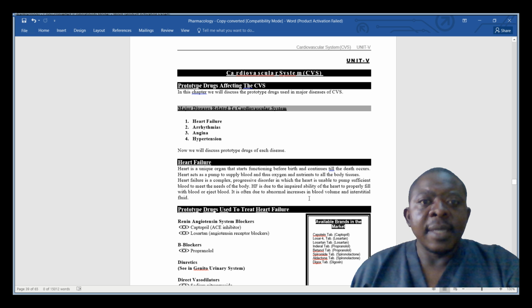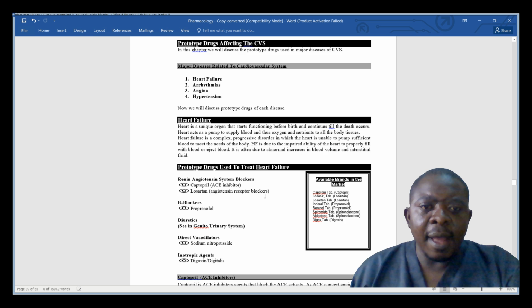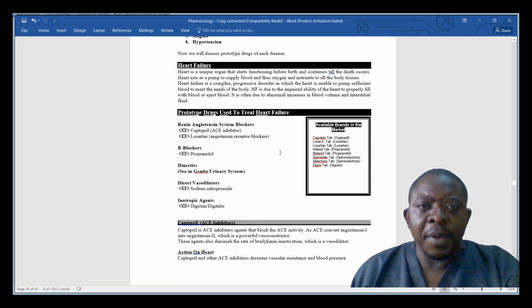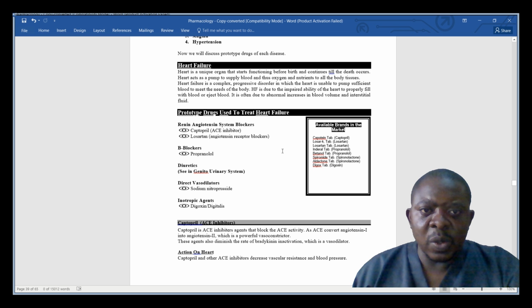Let us now look at some of the prototype drugs that are used in heart failure. We have renin-angiotensin system blockers, beta blockers, diuretics, direct vasodilators, and inotropic agents.